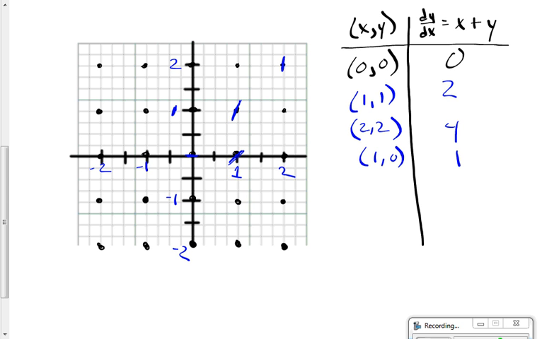Where else might I get a slope of 0 besides 0, 0? 1, negative 1, any point where the x and y coordinates are opposites, right? So let's go to 1, negative 1 and draw a horizontal. Let's go to 2, negative 2 and draw a horizontal. Let's go to negative 1, 1 and draw a horizontal. Let's go to negative 2, 2 and draw a horizontal.